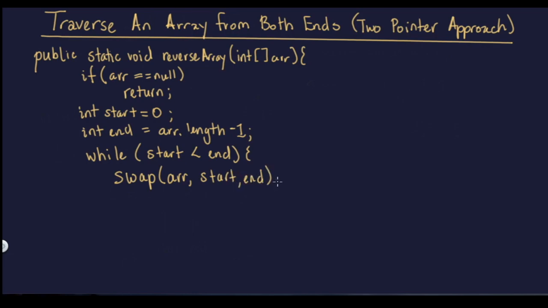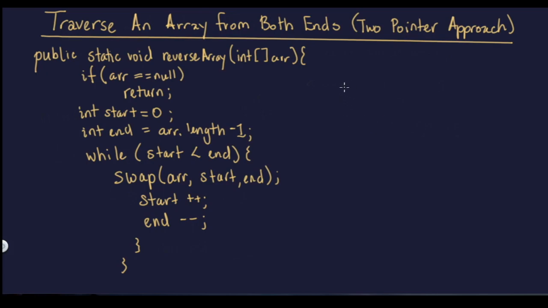And we'll implement this swap in a bit. So then we do start plus plus, and we do end minus minus. And there we go. We add our 2 closing brackets. And that's our solution. Now let's implement that swap function.